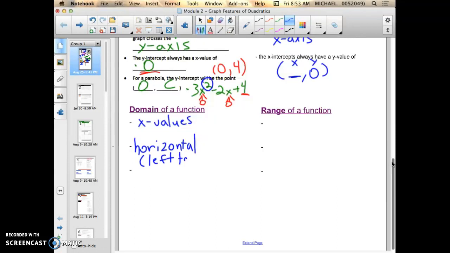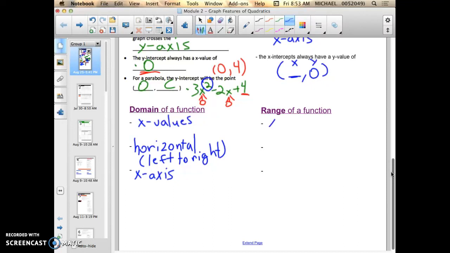That's how you read domain, left to right, just like a book. The domain of a function is the x values. It's the horizontal x-axis, and you read it left to right like a book.